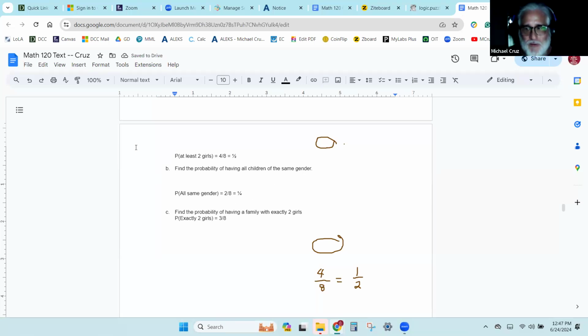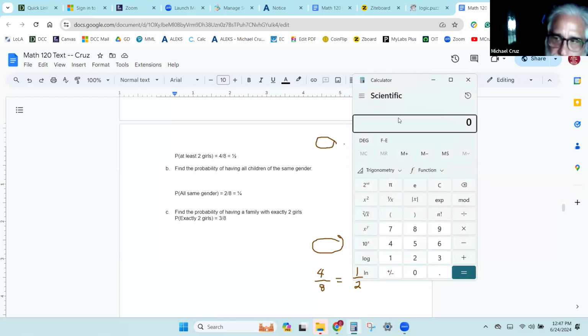So it's 2 over 8, because there were 2 that fit that criteria, all boy, boy, boy, and girl, girl, girl. So 2/8 is equal to 1/4. We always simplify the fractions. Sometimes they will ask you to write it as a decimal, and make sure you can do that, because half the time it's asking for the simplified fraction and sometimes the decimal.